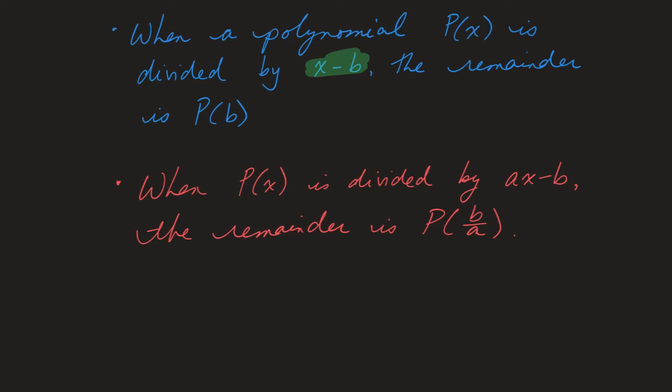And we're going to extend that to a generic linear divisor, which means we have no restriction on what the coefficient could be in front of your x. Now, how do most people tend to remember this? Over time, I've noticed that a good way to think about this, as you're trying to come up with your substitution into P, is that quite often students think of it as solving x minus b equaling 0.